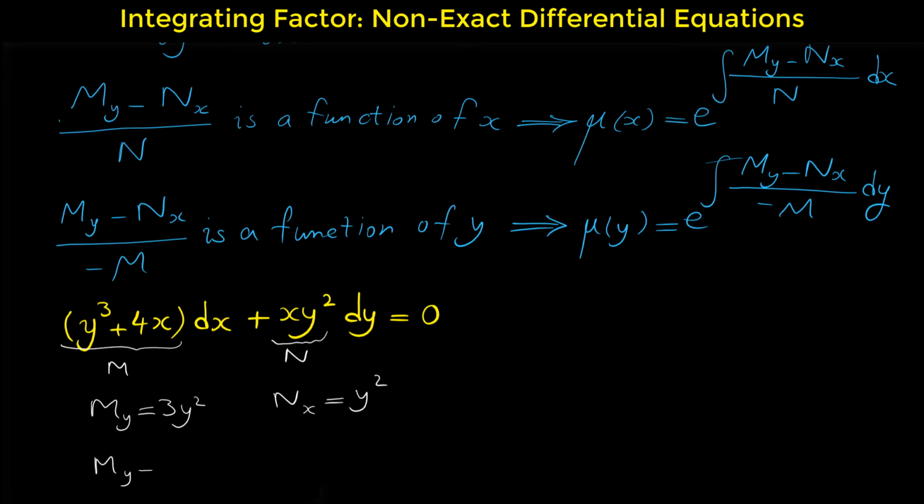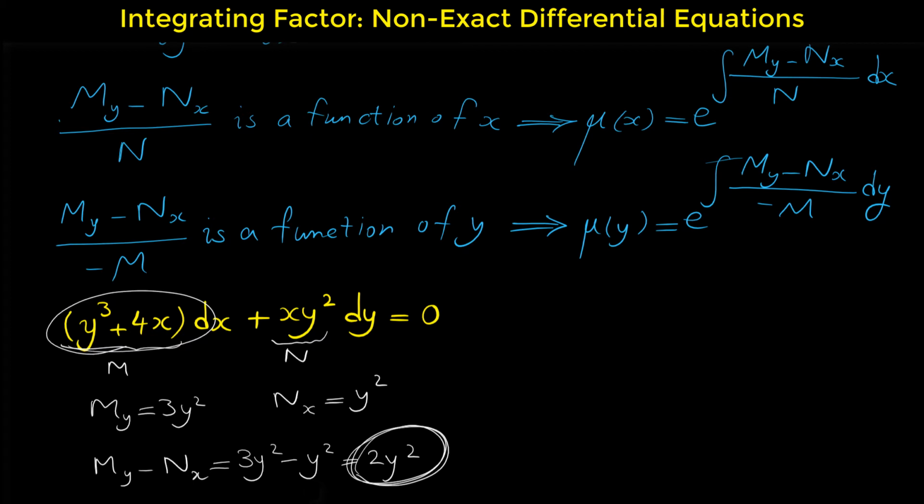So let's first calculate this difference, M sub y minus N sub x. As we see here, M sub y is 3y squared and N sub x is y squared. The difference is 2y squared. Now we have to check to see if we divide this expression by negative M or N, which one is helpful for this differential equation.